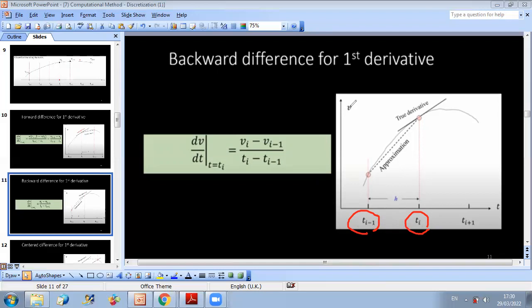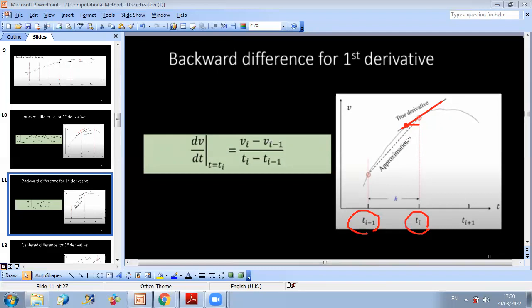Okay? So here, also the same idea. If you take delta t small enough, the 2 points will be closer to each other. And if you join the 2 points, you will get a good approximation of the tangent line. So by getting the slope of this line, joining points vi minus 1 and vi, it is equal to delta v over delta t.